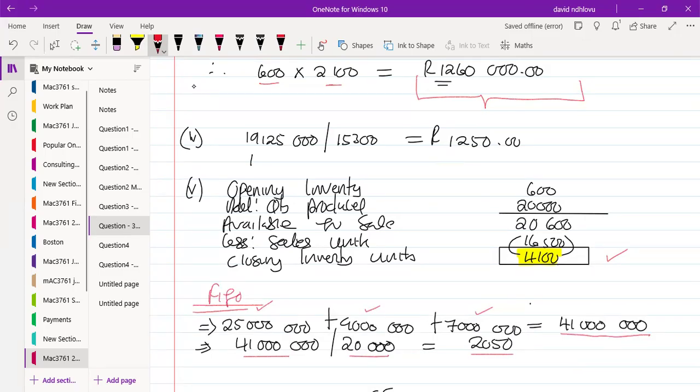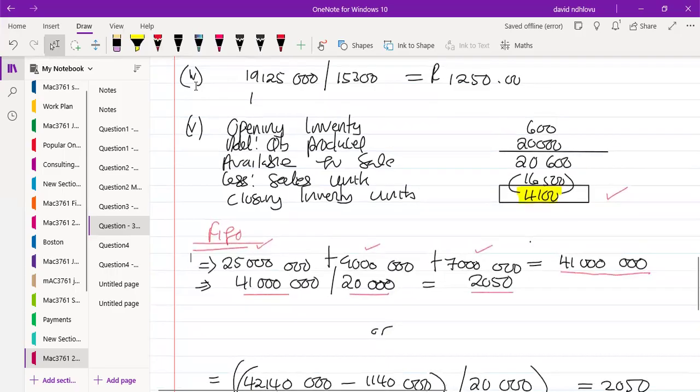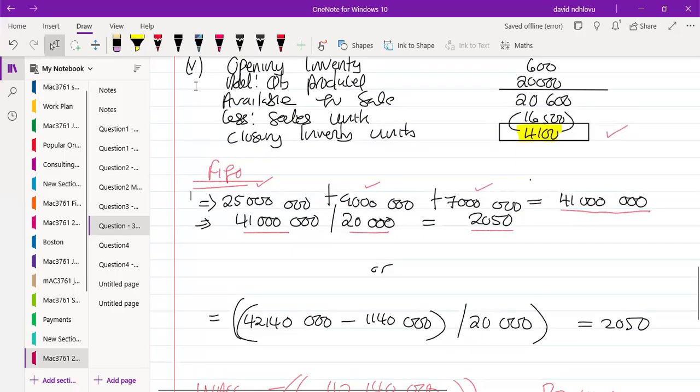So therefore, we cannot use the cost of opening inventory to determine the closing inventory. So we simply ignore the opening inventory. Right? Any questions on that, good people?